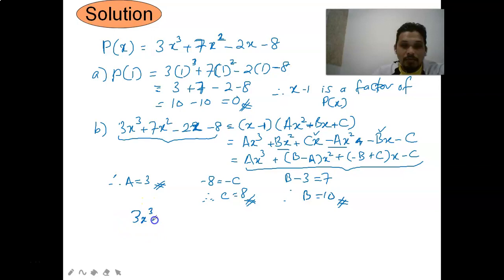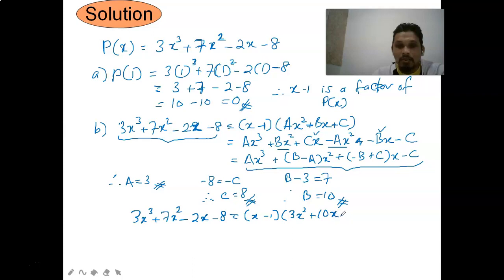So 3x cubed plus 7x squared minus 2x minus 8 equals x minus 1 times, look at this one here now, what is the value of a? Yes, a equals 3, so 3x squared plus 10x plus 8.